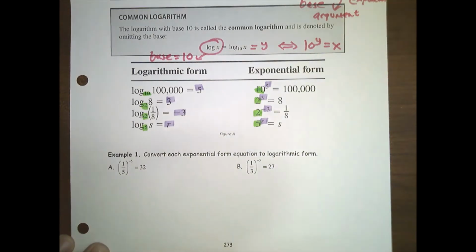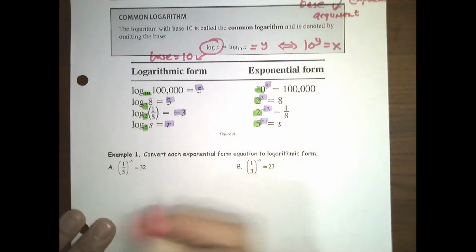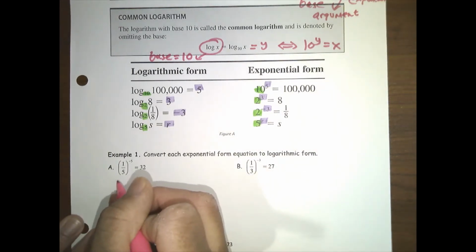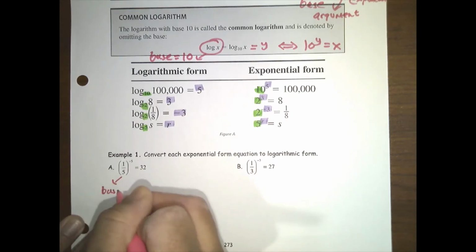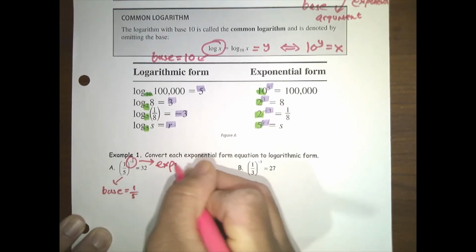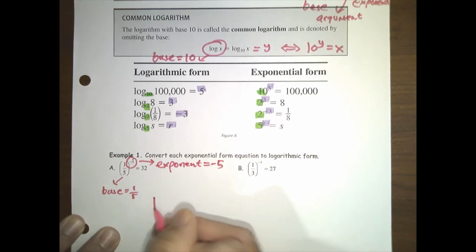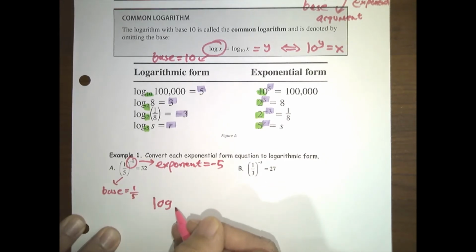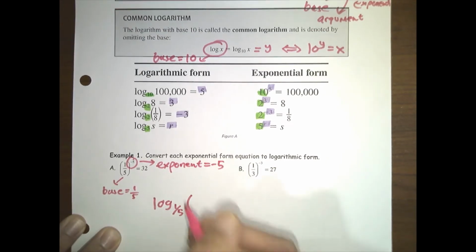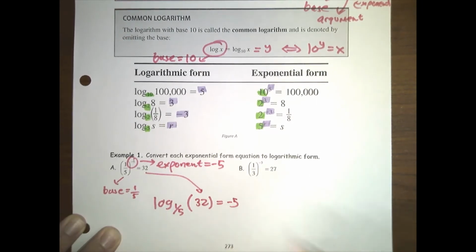So if I want to convert each exponential form equation to logarithmic form, in this particular case I see that the base is 1/5 and the exponent is -5. So it would be log base 1/5 of the argument 32 is equal to -5.